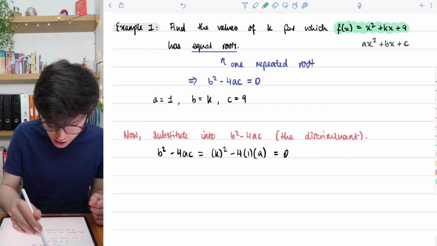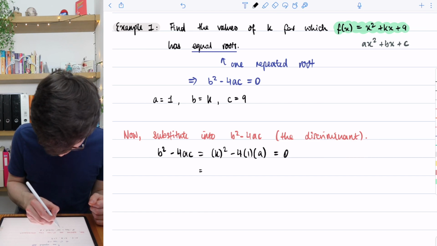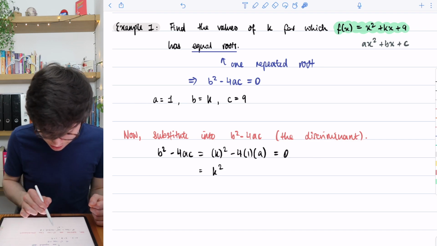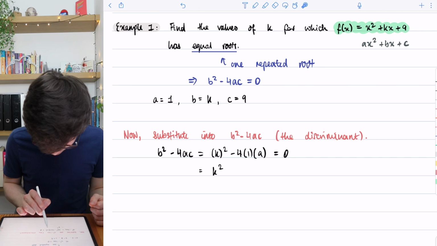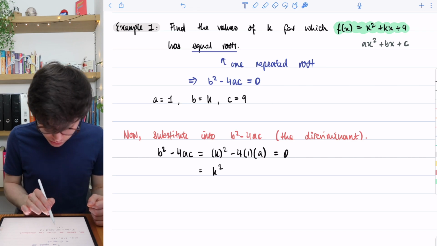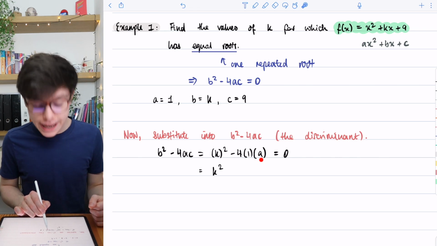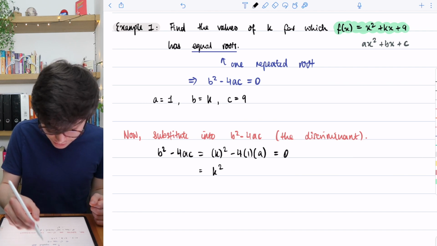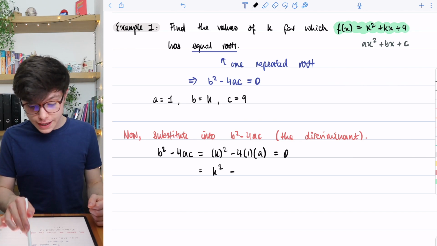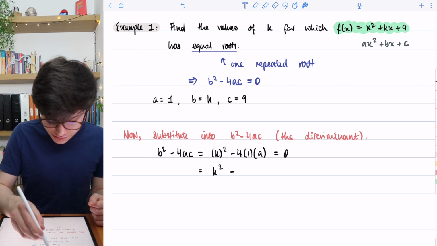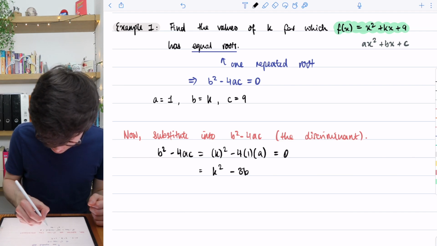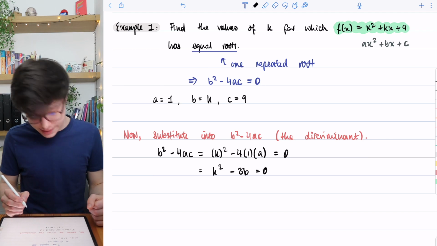Okay, so if we simplify that, we'll have k squared minus 4 times 9, so that's minus 36, equal to 0.